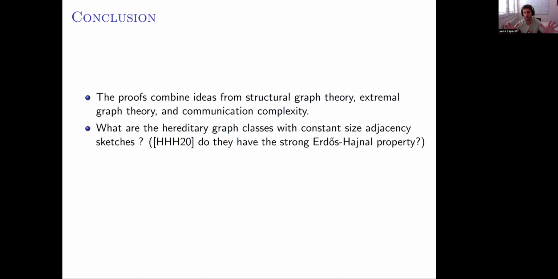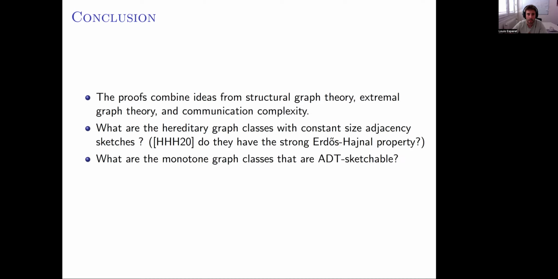It's the same problem as asking which problems have constant randomized communication complexity. It's a very difficult question, but there are very nice conjectures about this. We still haven't characterized exactly which monotone graph classes are ADT sketchable. The minor closed classes have this property. They have bounded expansion, but we don't know exactly what the right answer is, what kind of natural obstruction we should have for this.